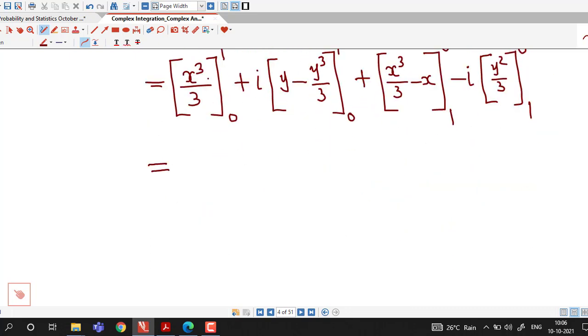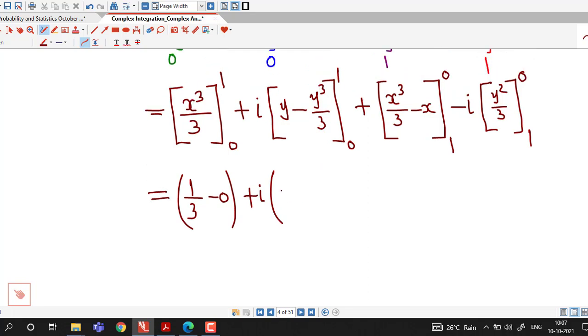Now we put limits. In first part x is 1, upper limit is x equal to 1 minus lower limit is 0. So it is 1 by 3 minus 0 plus I. Upper limit is 1, so we have 1 minus 1 by 3. Lower limit is 0 and we have y here, so it is 0.